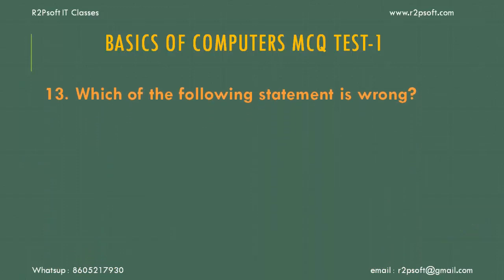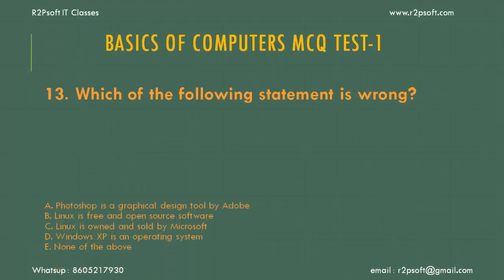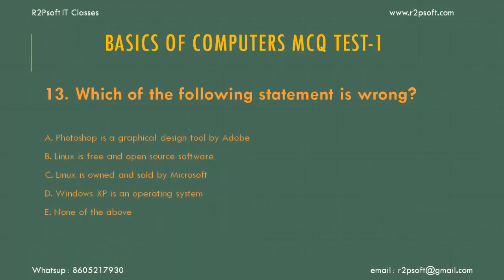13. Which of the following statement is wrong? A. Photoshop is a graphical design tool by Adobe. B. Linux is free and open source software. C. Linux is owned and sold by Microsoft. D. Windows XP is an operating system.